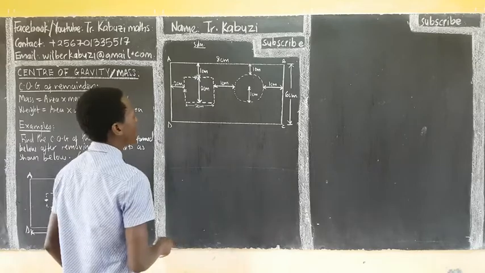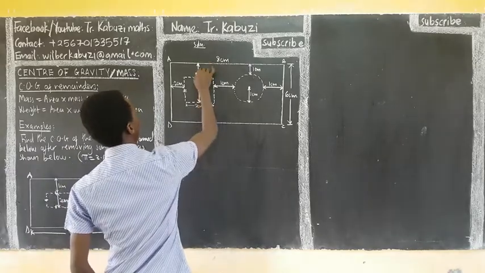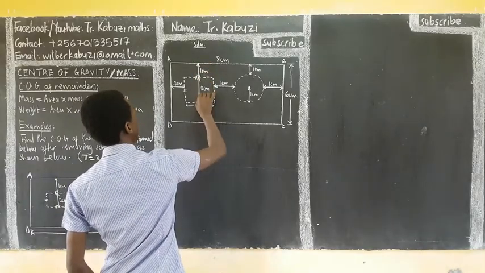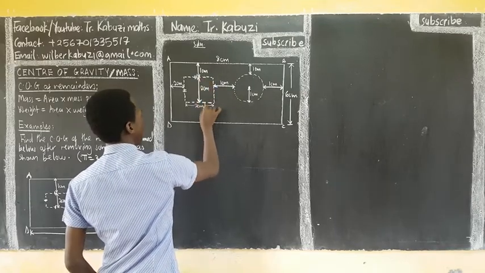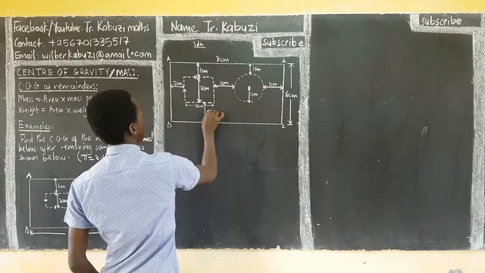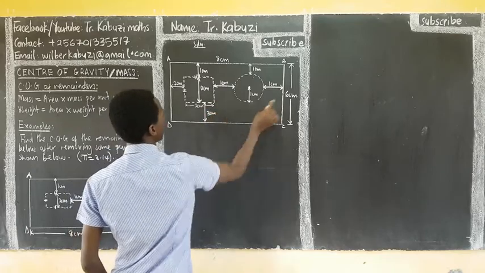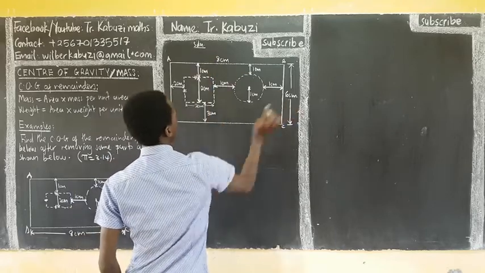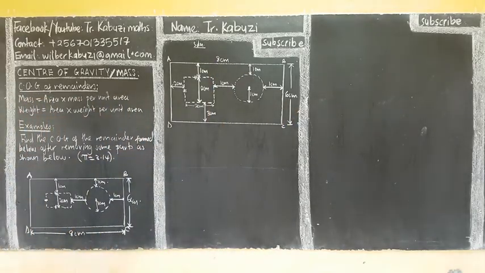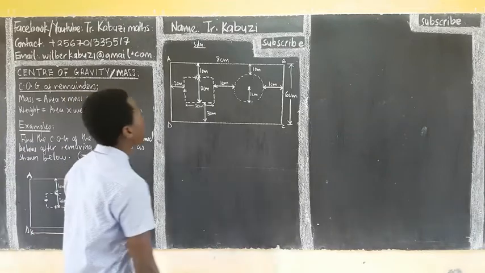Now, what about down here? From here up to here, it's 1. From here up to here, it's 2. So that is already 3. So from here up to there, we are going to have also 3 centimeters because this is 6. When you add these, you should get that 6. So the diagram is almost there.